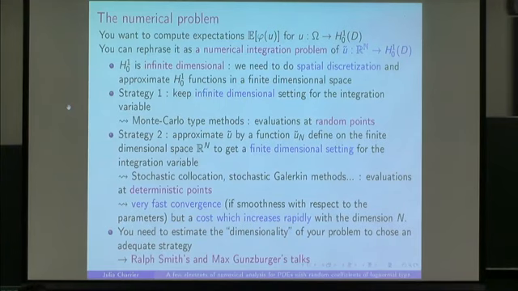But another very important issue is that the cost depends on the value of n, which is the dimension over which you integrate, and it increases rapidly with the dimension n.